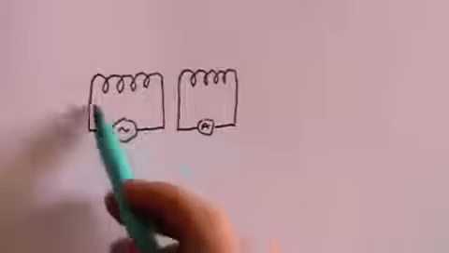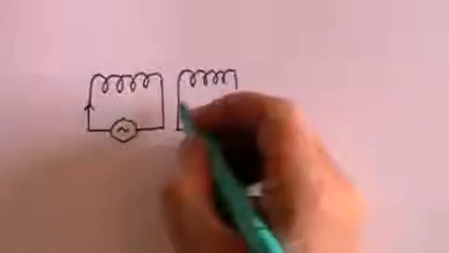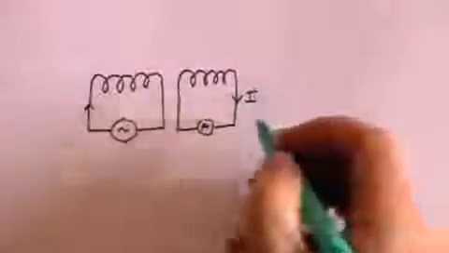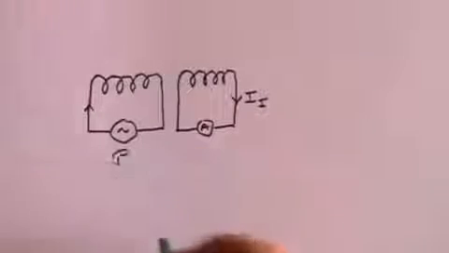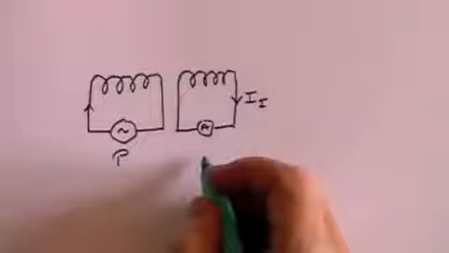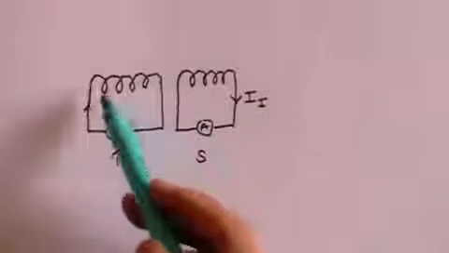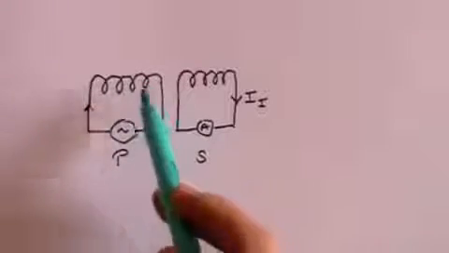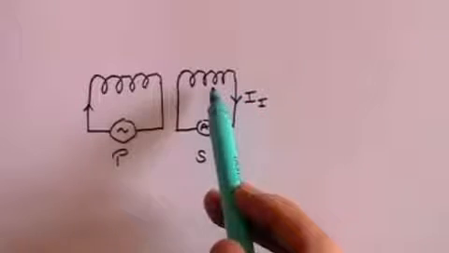And when a current flows in this wire, this will be an induced current, I induced, in this circuit. This is called the primary circuit, and this is called the secondary circuit. And of course the flux that is created in this circuit will be the flux that applies to this circuit.